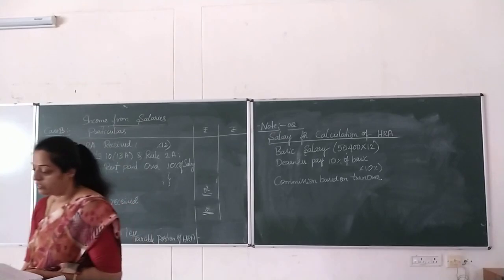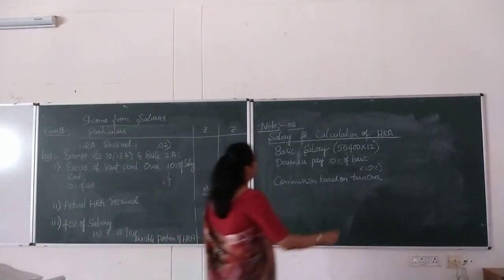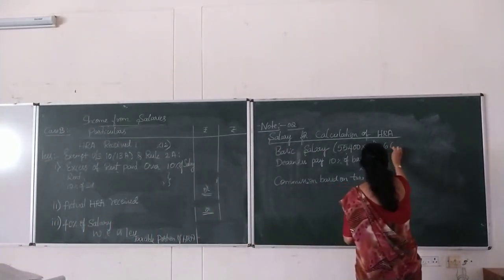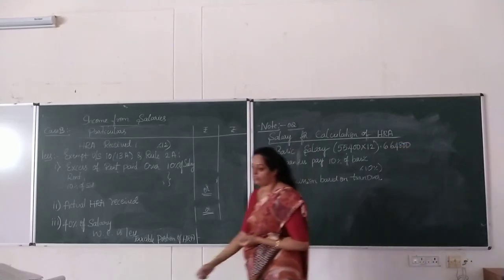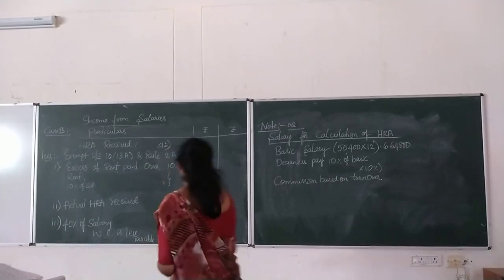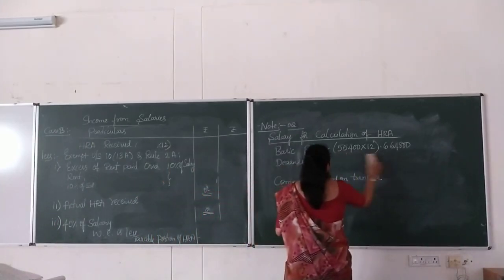How much? 6,64,800. Then they have given DNS allowance, not DNS pay.